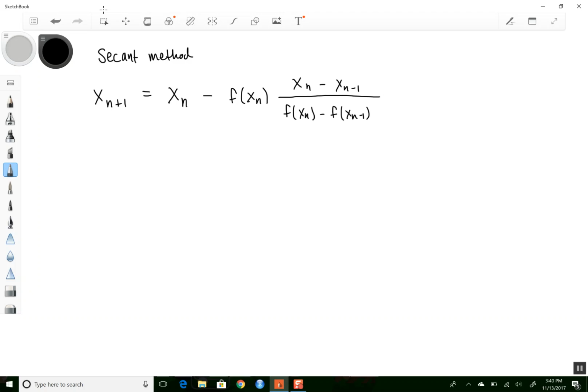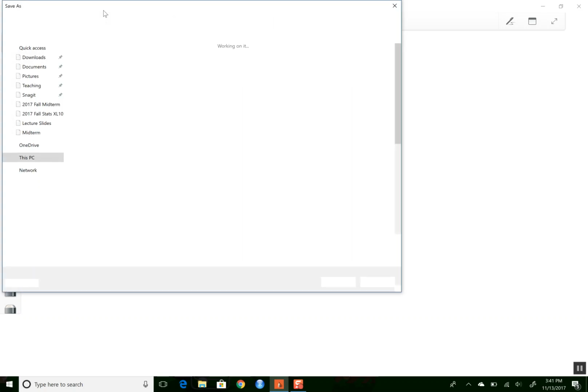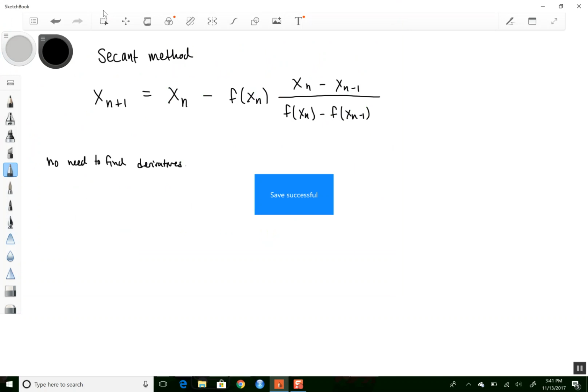So you no longer need to find derivatives. No need to find derivatives here. That's a nice thing. So that's the secant method.